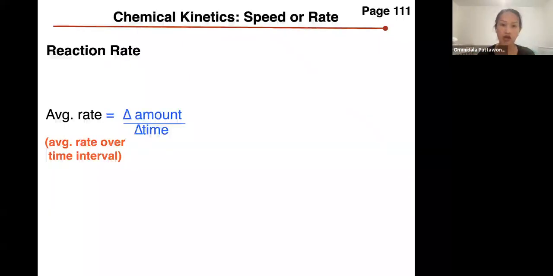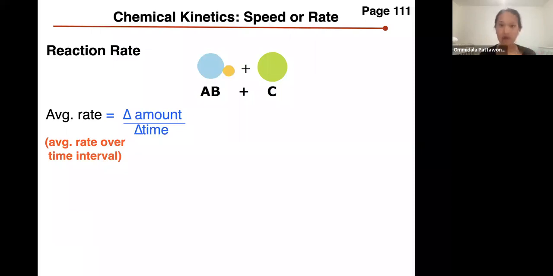In order to do this, we again use the change of the amount over the change of time. When we talk about speed, it's always going to be over the change of time. For example, say you have a reaction between AB plus C, so C reacts with AB.